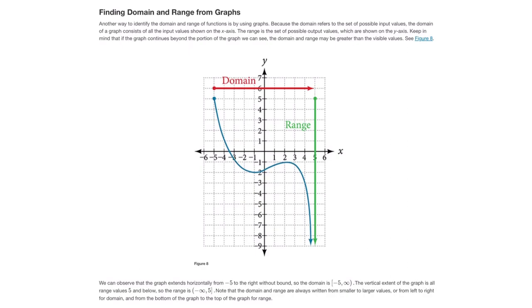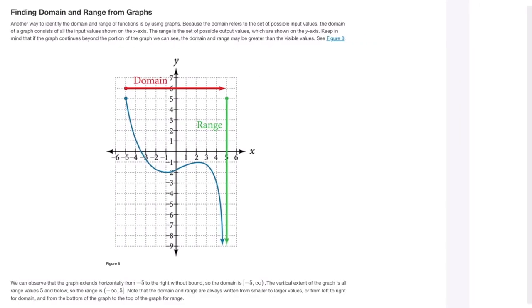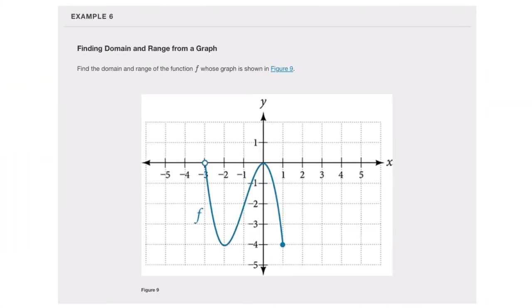Okay. So find the domain and range. Now, if I'm looking for the domain, and I'm considering the very left to the very right. So the very left to the very right, right?